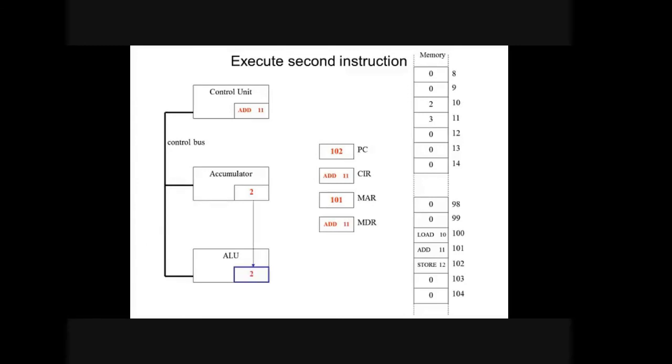The contents of the accumulator are moved to another place ready to be worked with. Now we can get the contents of memory location 11, and because we're going to fetch something from the memory, that memory address has to be placed into the memory address register. Once that's happened, we can get the contents of that memory location and place it into the memory data register.